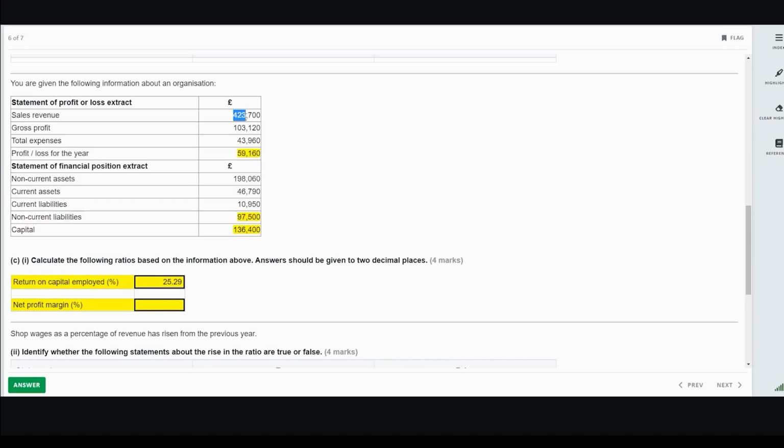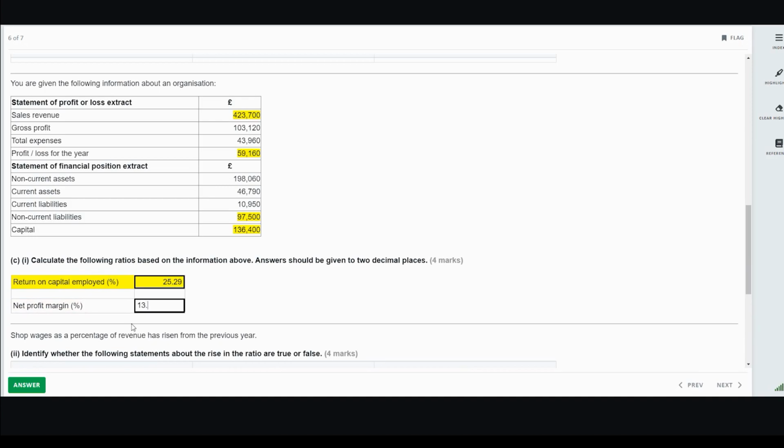Divide by your sales revenue, times that by 100, and that gives you 13.96. So as long as you can remember the ratio and what figures you're using in the calculation, the rest of it should be quite simple.